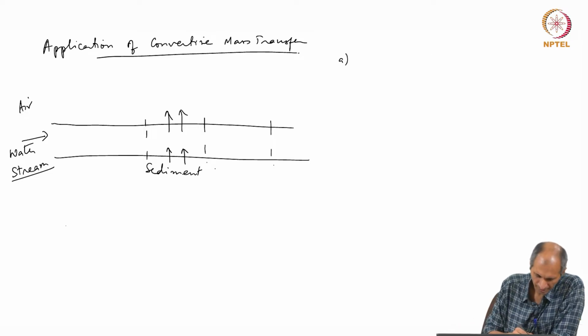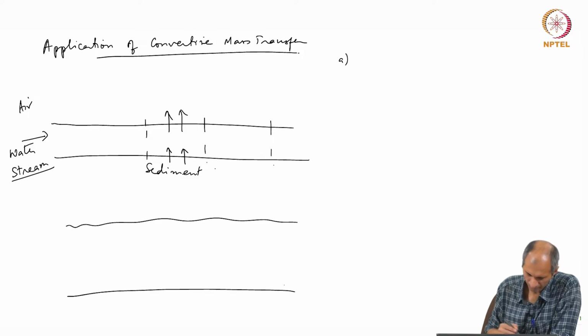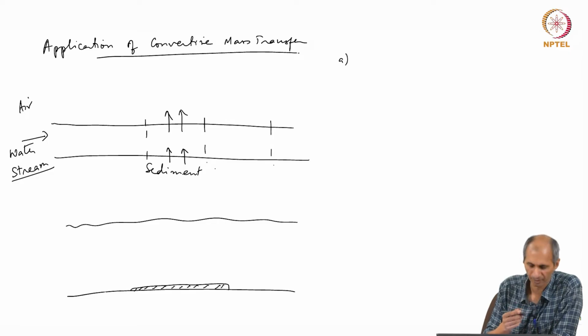So, let us say that there is a case where we start with the sediment. Just as what we saw in the last class, the case of what happens in land, there is a spill on the land, there can also be a spill on the sediment.